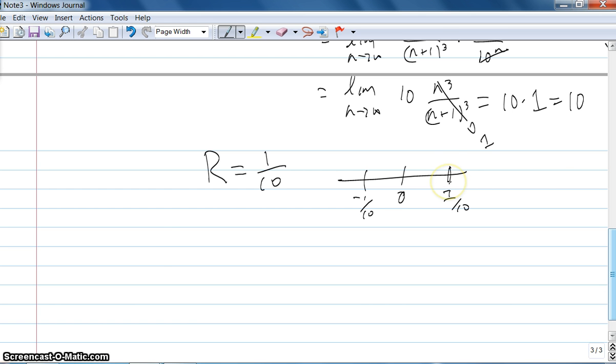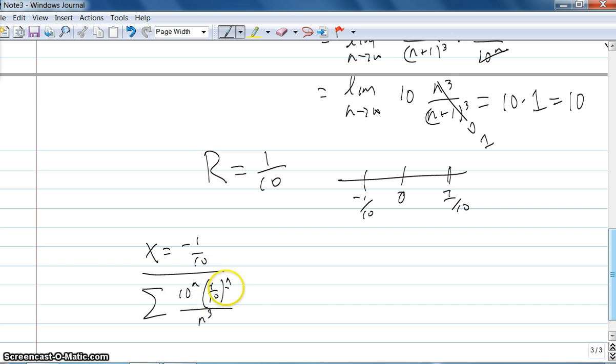Now I need to check the endpoints. So x equals negative 1/10. I have the series 10 to the n, times negative 1/10 to the n, over n cubed. Okay, so what happens there?